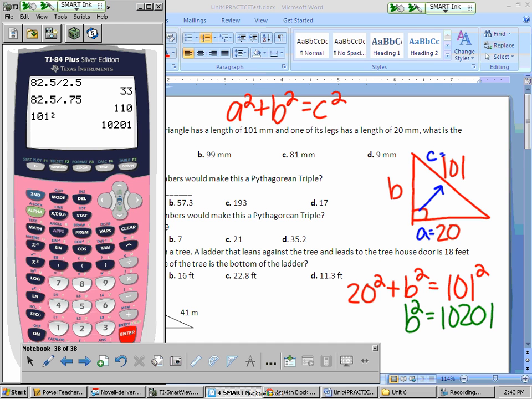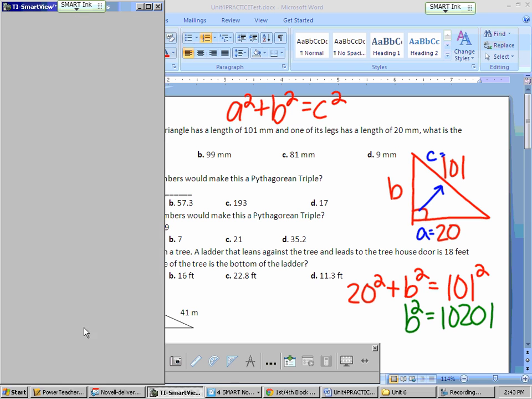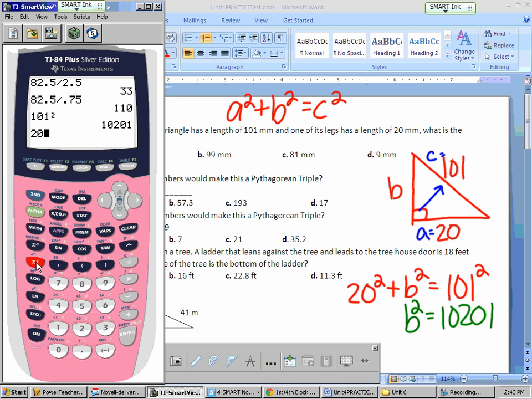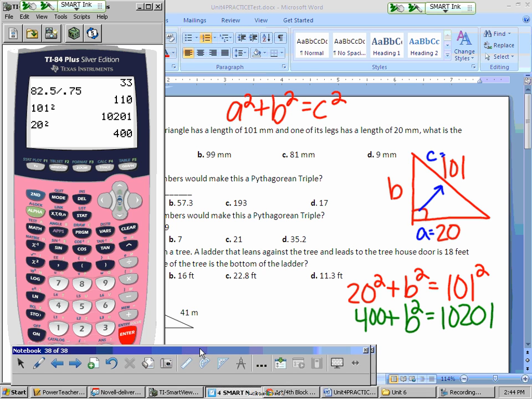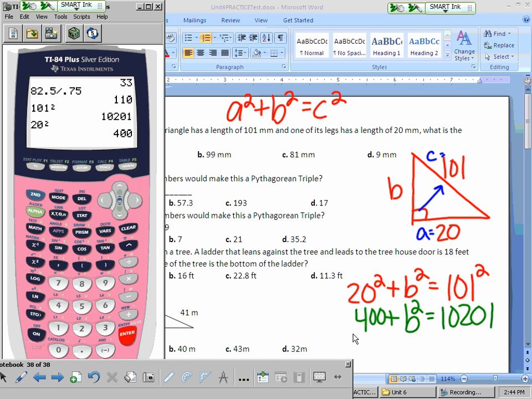B squared we do not know, and then I believe 20 squared gives us 400. Yes. So we write that into our equation. Now the next thing we need to do is to get B by itself. The first step in doing so is to subtract 400 from both sides.